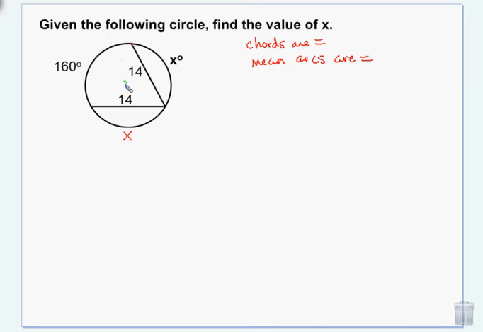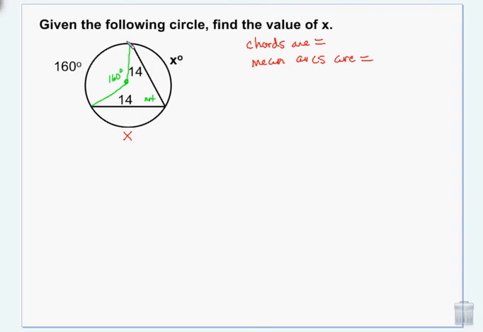Okay, so if this is the center, I can't draw. If that's the center, then this is 160 degrees. This is not 160, okay? So don't get those confused. The arc length angle has to be from the center of the circle, okay, just as a reminder.